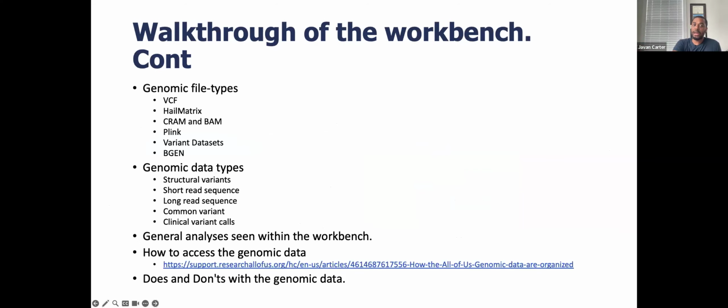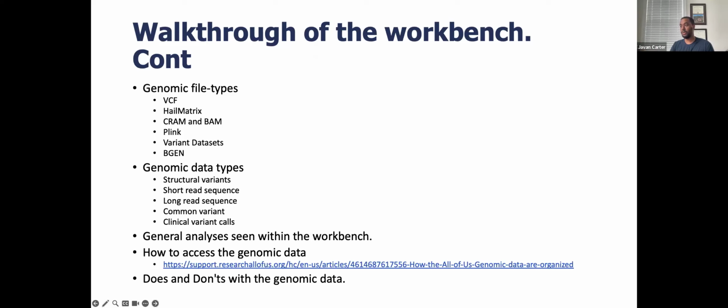Then, because I know that there's a lot of people at Charles Drew that are interested in genomic research or genetic analyses, we're going to talk a little bit more about genomics and genomic file types, data types, general analyses seen within the workbench that you can take advantage of, and how to access the genomic data, which can be a little tricky for people. Then the do's and don'ts with genomic data, because I want everybody to understand that this is a great source of information, but it's a lot of information.